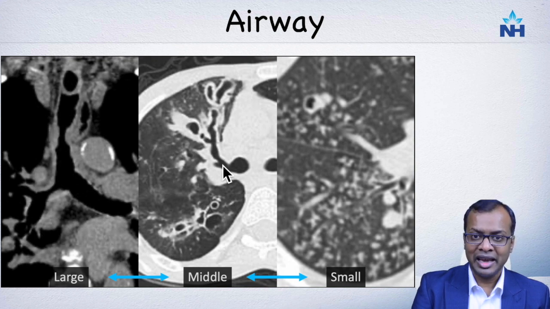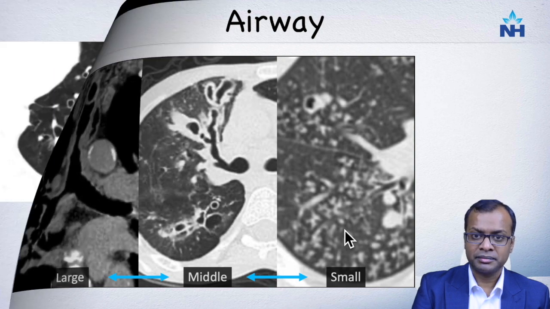The middle airways are the bronchi, which involve the lobar and segmental level, and this is where you tend to see bronchiectasis. The small airways tend to have more of a pulmonary parenchymal involvement rather than obvious bronchial pathology. So we're going to be seeing more to do with the middle and the smaller airways in this presentation.